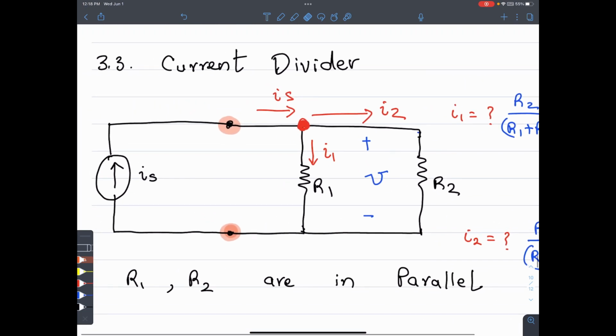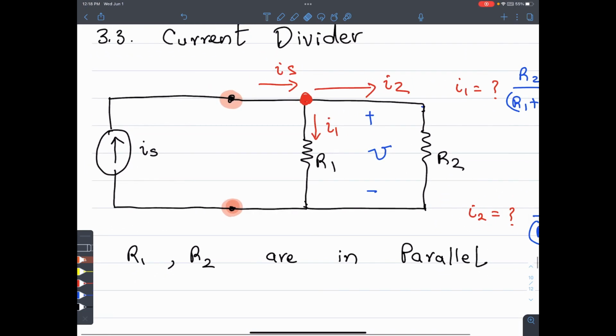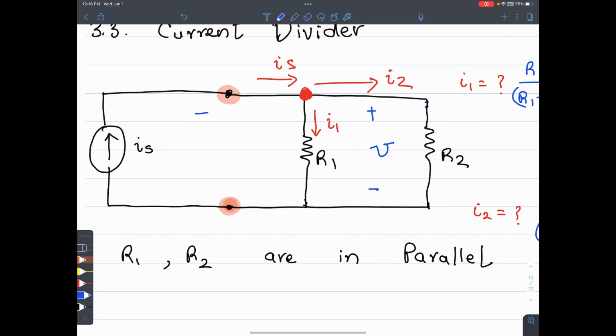Before we leave, let me give you a quick analogy that we can relate to the real world. Think of resistances as speed bumps, stoplights, traffic signals, and think of the current as the traffic, the number of cars. Let's say there are two roads. One road has a number of stoplights, speed bumps, and stop signs.